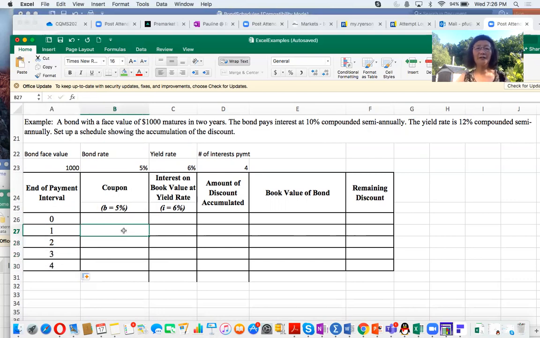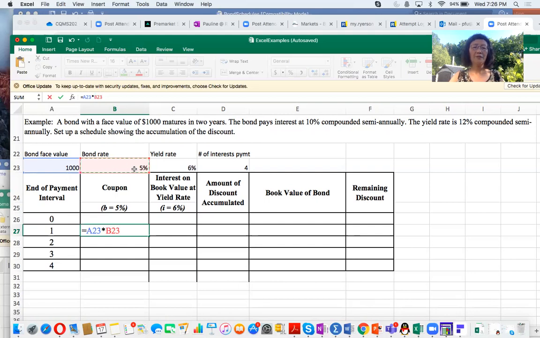So we need to calculate what is the interest for every payment. So interest equals the bond face value times the bond rate.